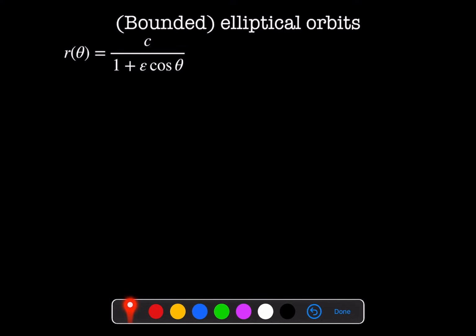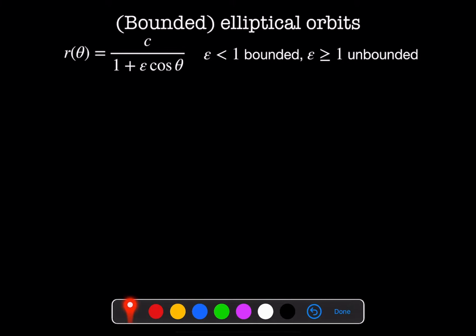But when epsilon is greater than 1, then there is some position for which this term equals 0, which means the radius of my orbit is going to go to infinity. That tells me that when epsilon is less than 1, this corresponds to a bounded orbit. And when epsilon is greater than or equal to 1, we have an unbounded orbit.